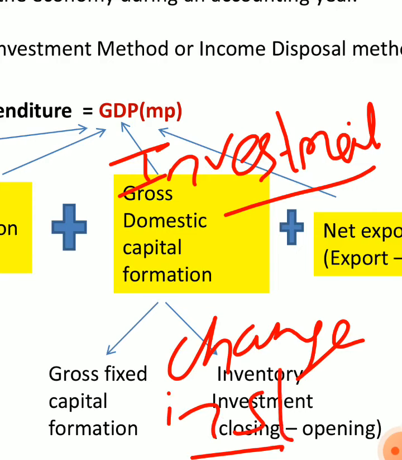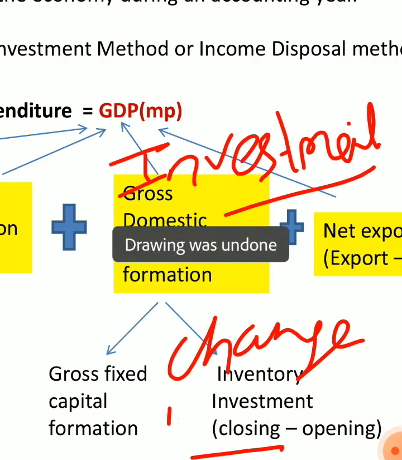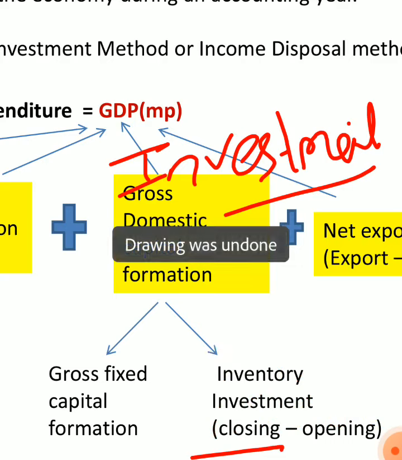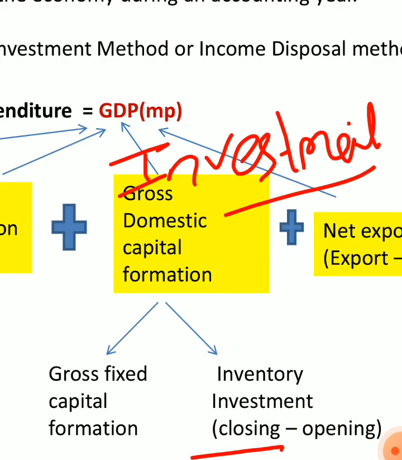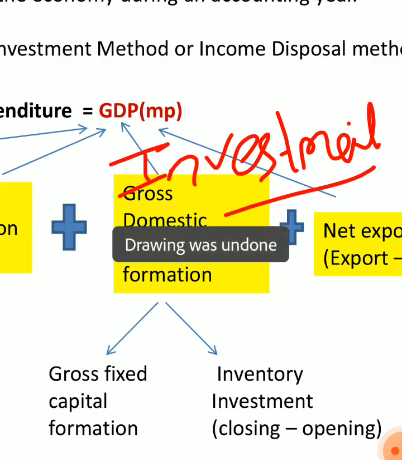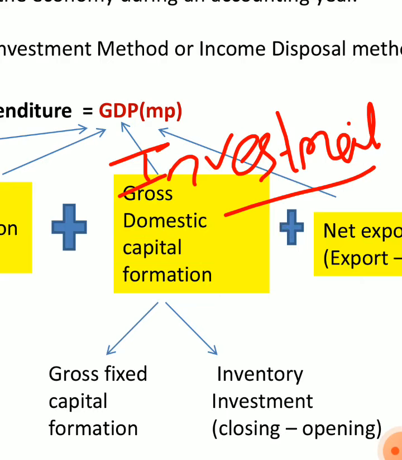In the value added method we saw this change in stock, and the formula was closing minus opening stock. So inventory investment is also called change in stock, and if it is not directly given, you have to find closing minus opening. If change in stock is directly given, then you have to take that value only. You don't have to search for closing and opening. If not, then you have to find the closing stock and opening stock.